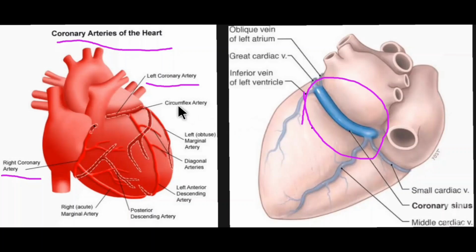Coronary arteries supply oxygenated blood to the heart muscles, but coronary sinuses collect deoxygenated blood from the heart muscles, and after collecting, the coronary sinus enters the right atrium. Right, children? So these are the functions of the coronary arteries: the coronary arteries supply blood to the heart muscles, and coronary sinuses collect the deoxygenated blood and enter the right atrium.